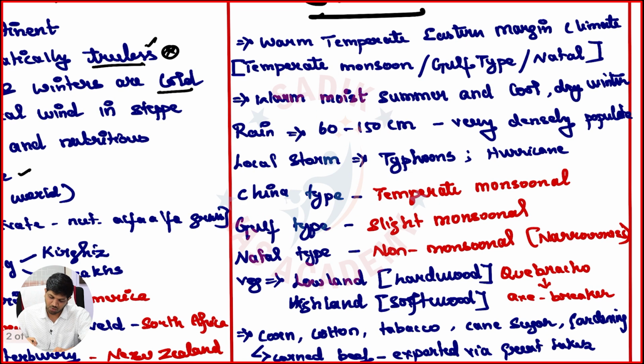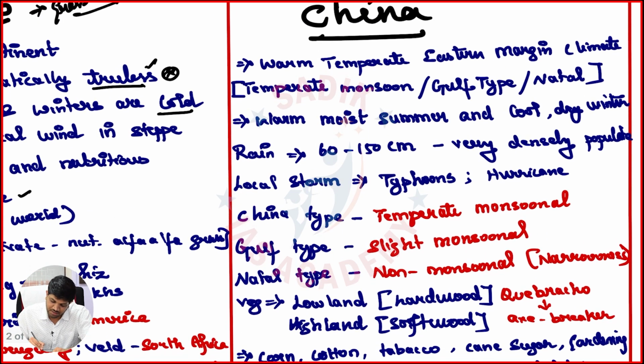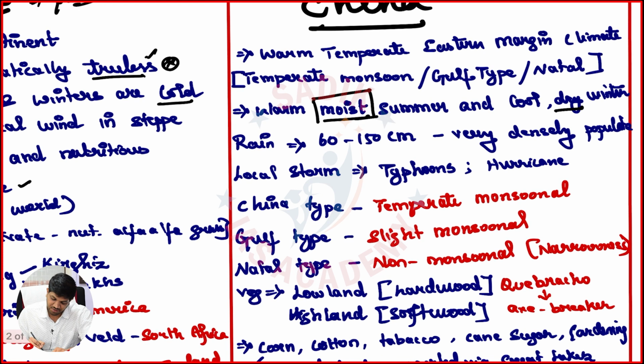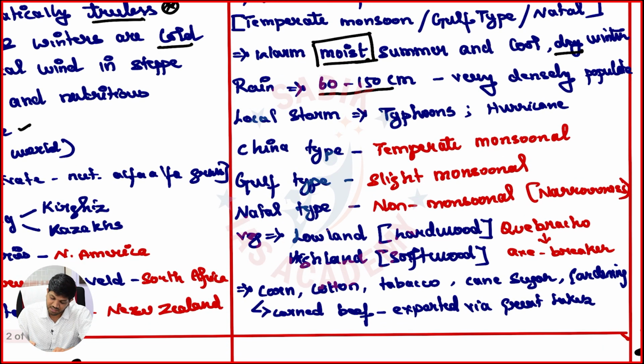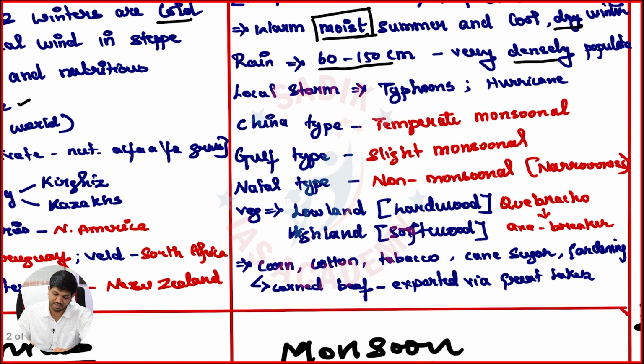And it is known for warm moist summer and cool dry winter. So in the summer season the rainfall happens. Okay, and the average rainfall is 60 to 150 centimeters, and these are very densely populated regions, and local storms of typhoons and hurricanes will affect these kinds of temperatures.